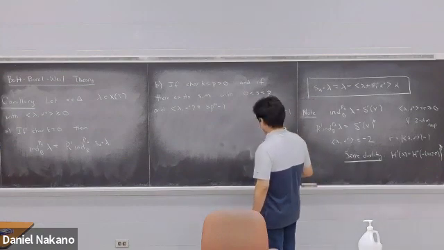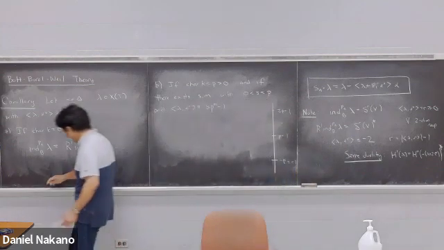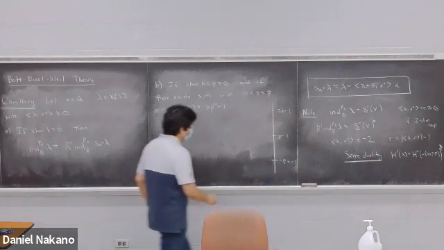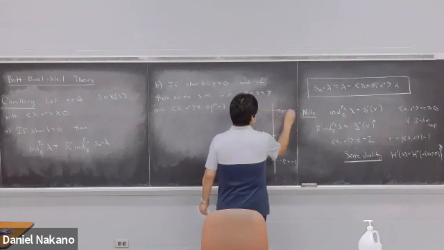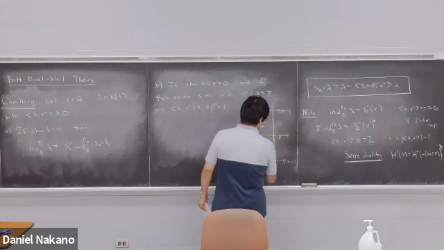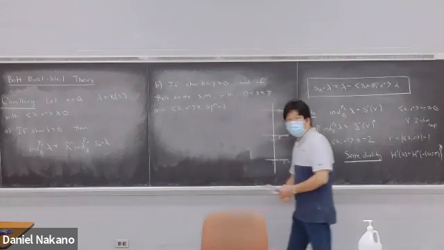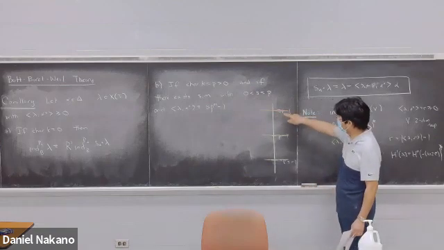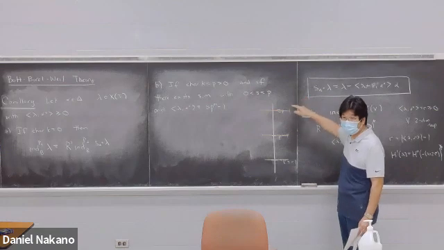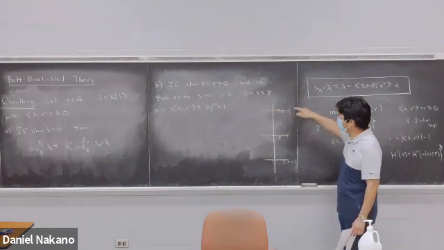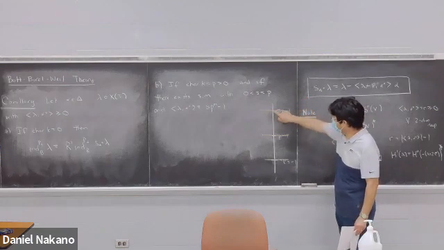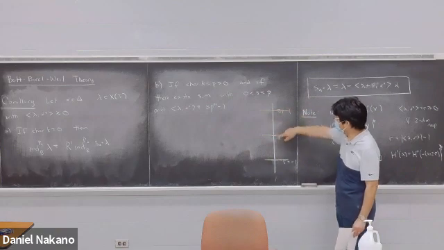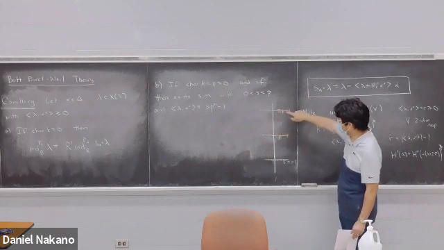There's 2P minus 1. So you have these hyperplanes that occur at these levels. And so these weights are precisely the ones that occur at these hyperplanes. And so it turns out that for weights which are on these hyperplanes, these modules are irreducible.